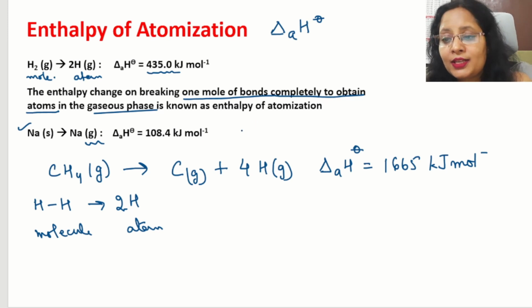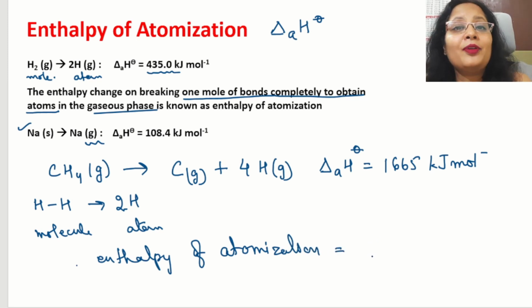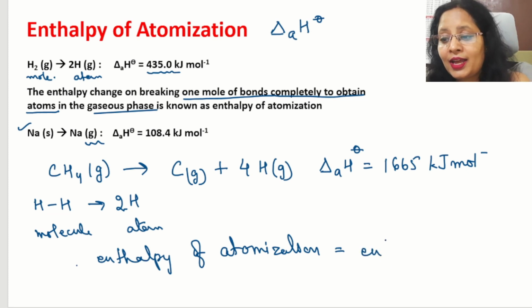So in the given sodium reaction, the enthalpy of atomization is equal to the enthalpy of sublimation. Here we can see carefully, solid sodium turns to gas. So it's a sublimation reaction, so we can say it is the enthalpy of sublimation.